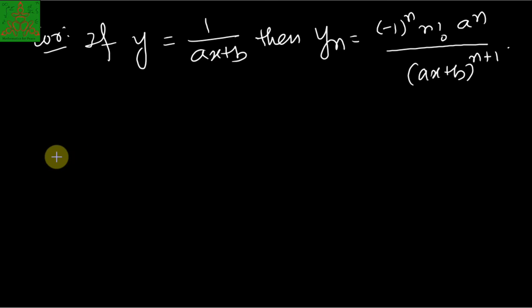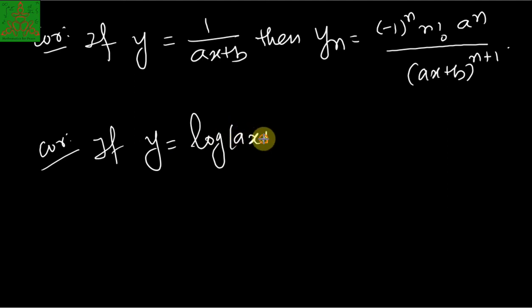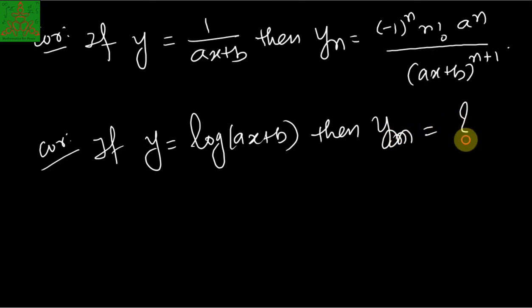From this, one more corollary we can write is, if y equals log of (ax plus b), then the question is, what will be yn? We can get yn from the corollary that we have discussed just now, because we know that the derivative of log (ax plus b) is 1 by (ax plus b).